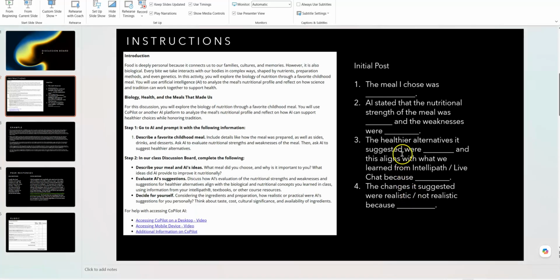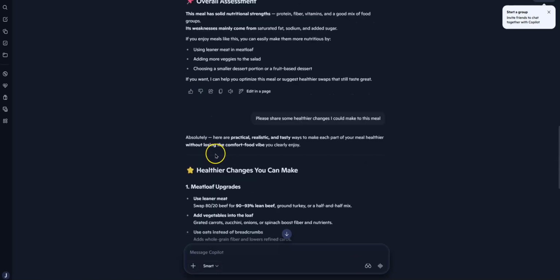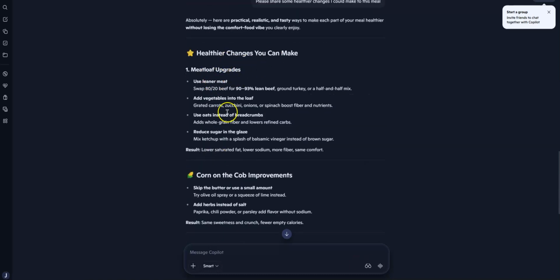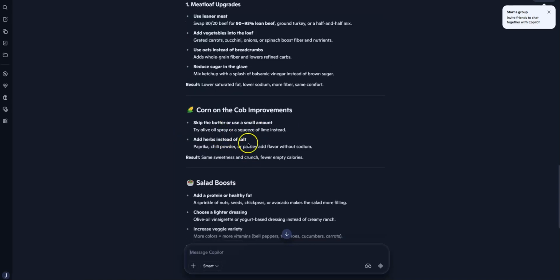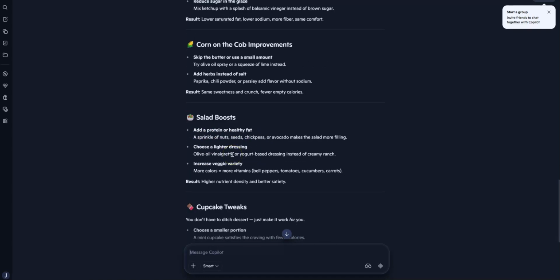And then the healthier alternatives it suggested were, so that was our healthier changes we could make. We could use leaner meat. We could add vegetables into it. We could use oats instead of breadcrumbs. Maybe don't have the glaze. For the corn on the cob, don't use butter, don't use salt, add herbs instead.